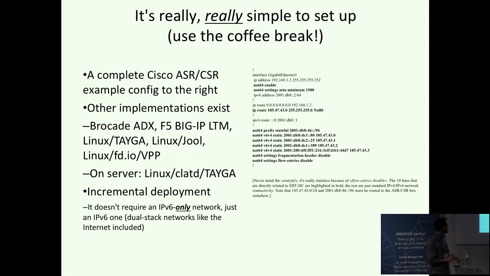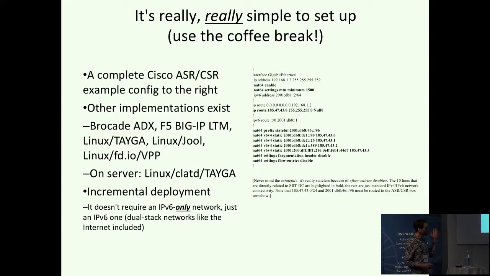And all of these, the non-bold text is just standard routing, which is not directly related to this SIIT stuff. So really, I mean, I think you can get away with 4 or 5 or 6 lines to do a border relay with only 1 mapping.